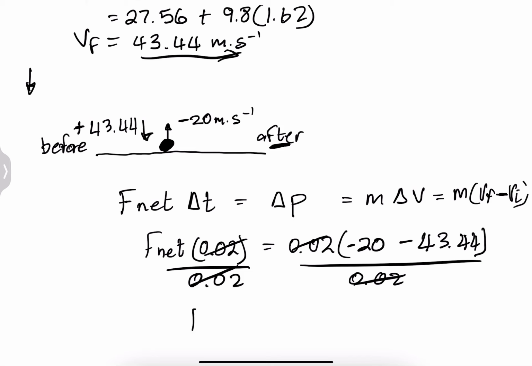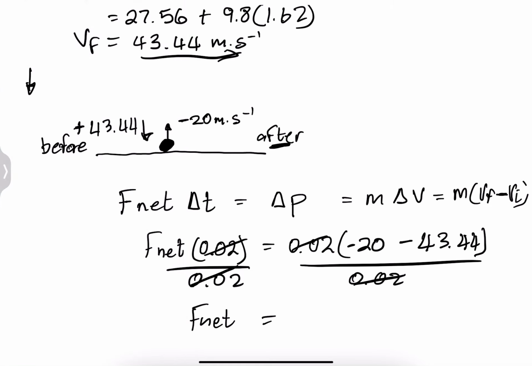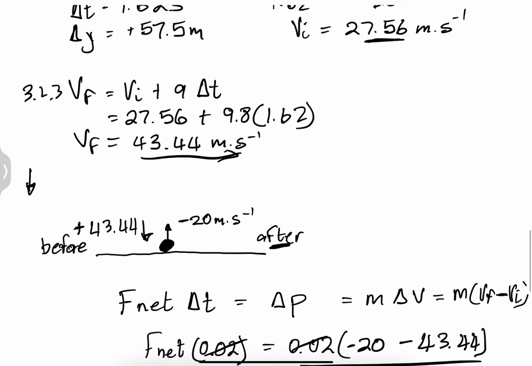So the net force is minus 20 minus 43.44. It's embarrassing that I'm using a calculator there. So that would be minus 63.44 newtons. Now remember, why is it negative? The force that the ground exerts on the ball is an upward force.